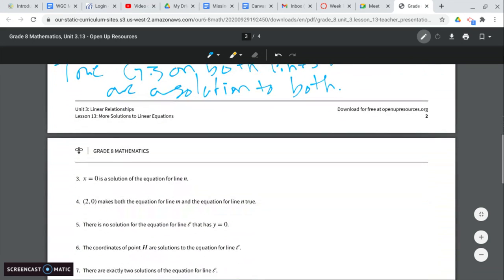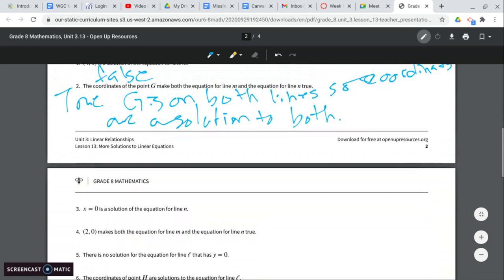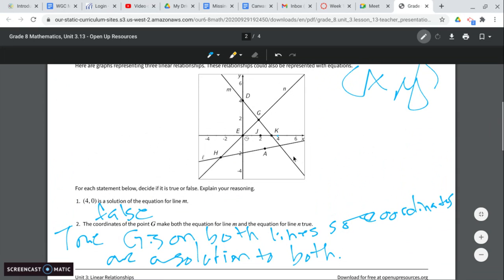All right. Next one, x equals 0 is a solution of the equation for line N. So x equals 0 would just be the y-axis. So yes, it does run through that, but these equations, because they aren't just horizontal or vertical, there's two variables.